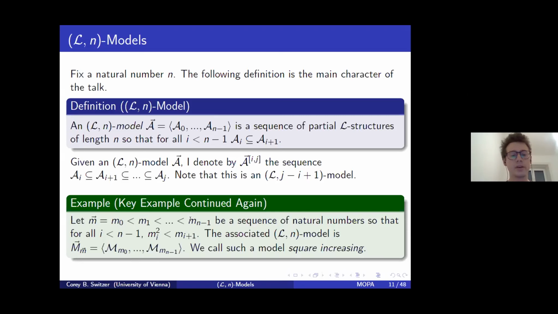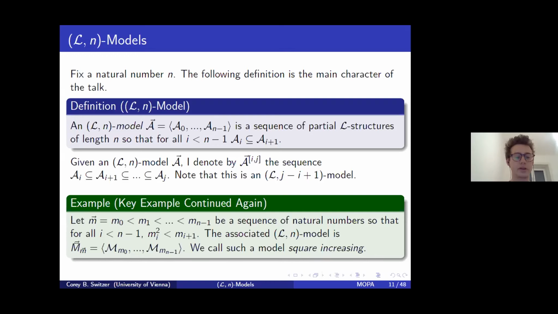Okay. So now my key example continued some more. Suppose I take a sequence of numbers of length n, so that each one is more than the square of the one before. I'm just going to call such a sequence of numbers a square increasing sequence for obvious reasons. Then I get an associated Ln model, m vector.